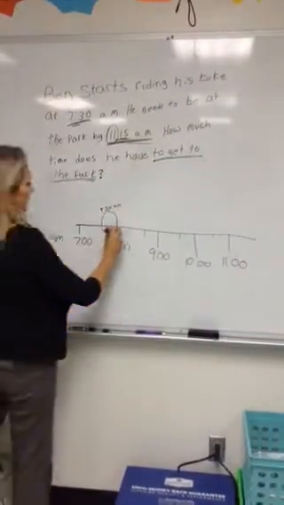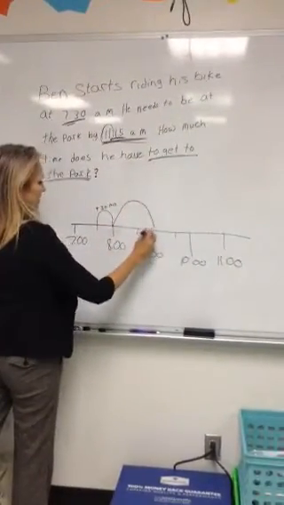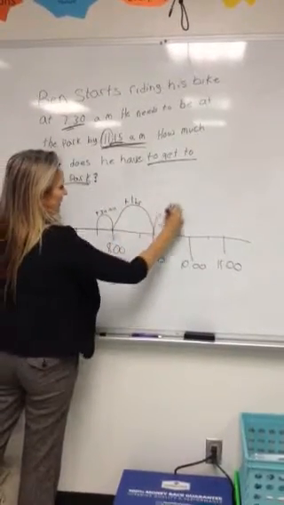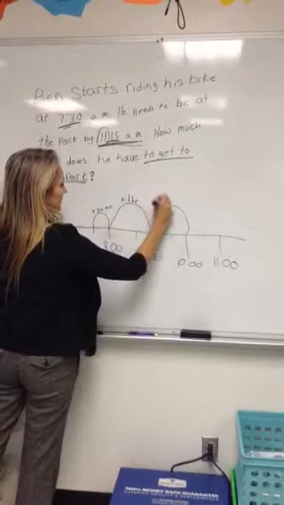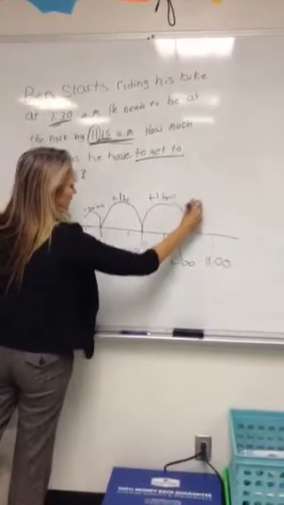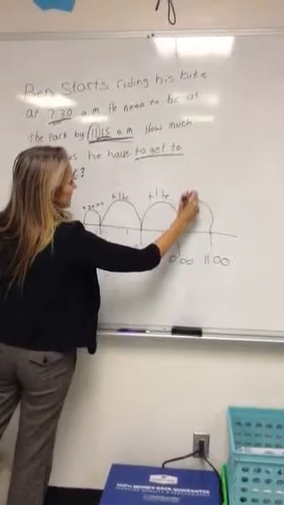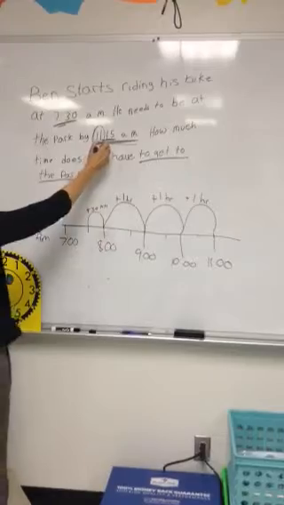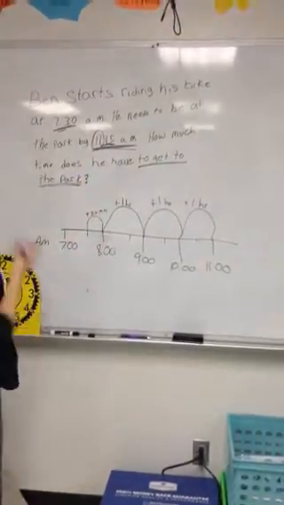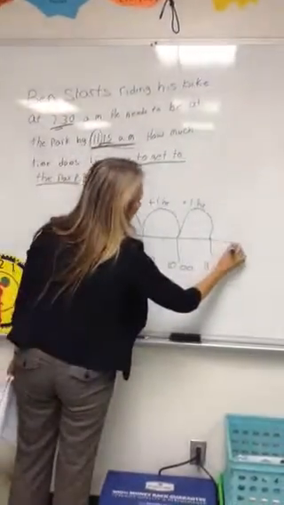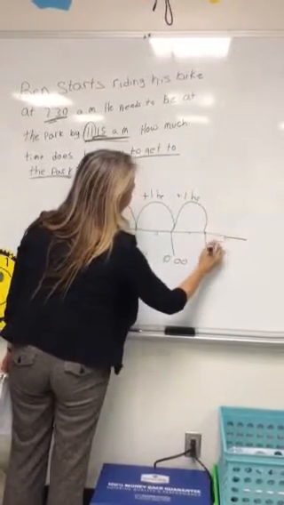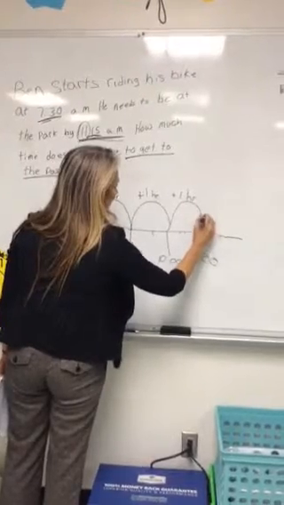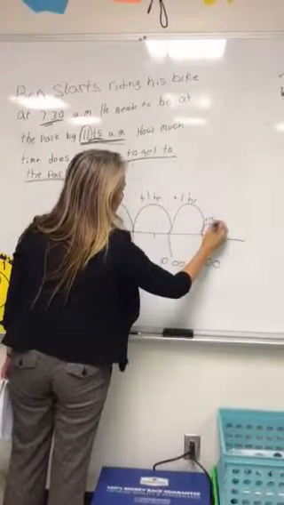Then we're going to add another hour to get to 9, and then another to 10, and then one more to 11. Okay, now we're at 11, but our end time is 11:15. So we have to come over here and add 15 minutes. So here's half. 15 minutes would be right here. Add 15 minutes.